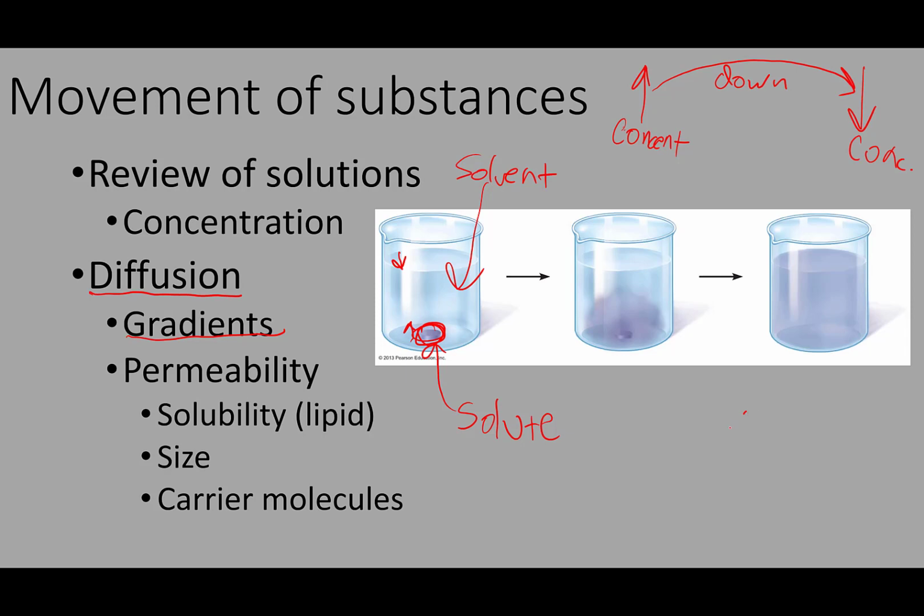I'm just going to draw a bunch of little dots here, and these dots could be any solute. These could be salt, these could be sugar, these could be whatever. But over here, there's not so many. So here there is a high concentration, here there is a low concentration.